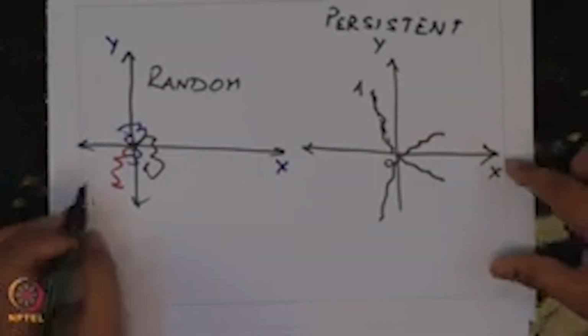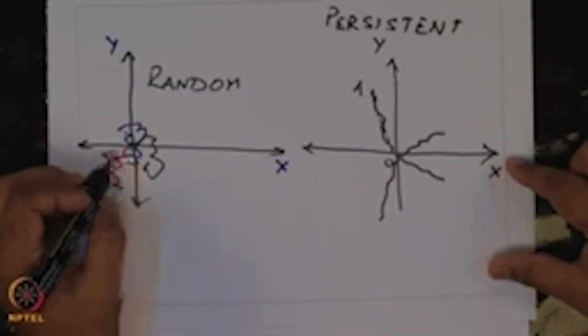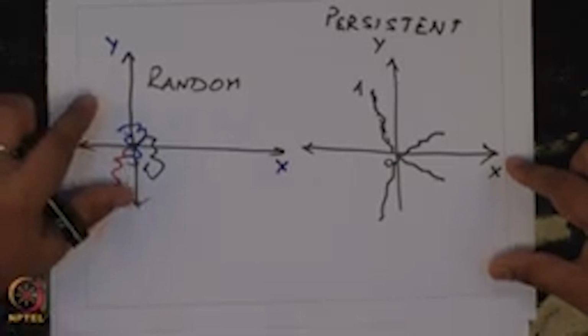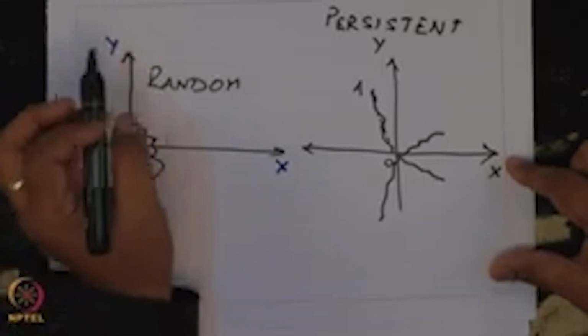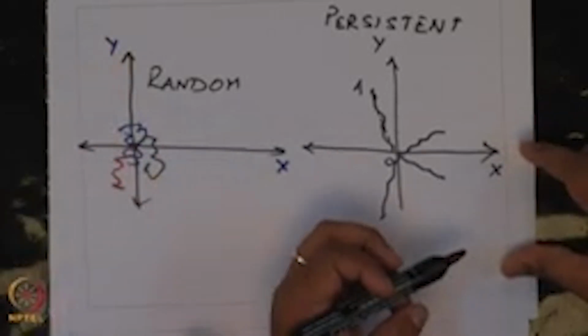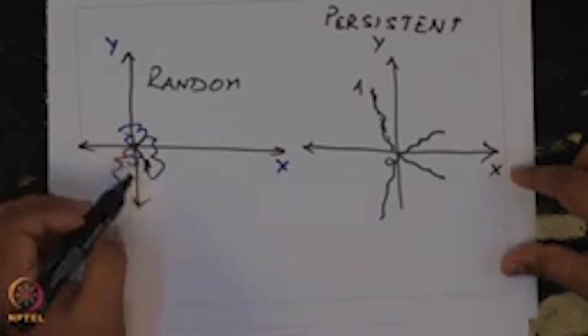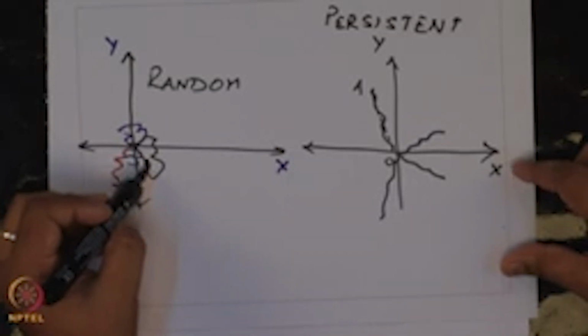Let us imagine that both these are representative trajectories of cells tracked for the same duration, say 12 hours. One way is to track the net distance that these cells travel over that duration.